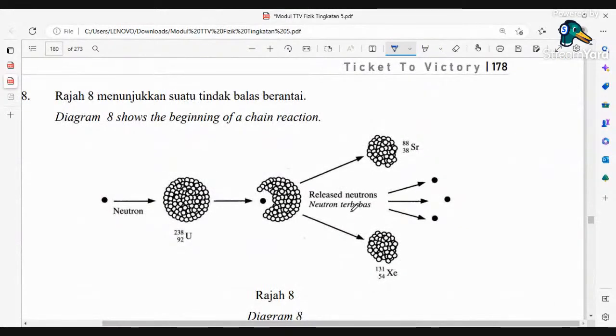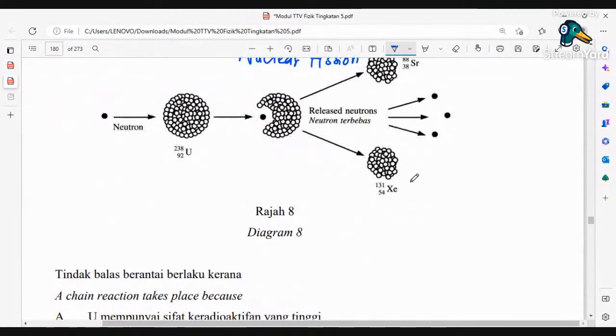Number 8, diagram 8 shows the beginning of a chain reaction. You have a neutron bombarding uranium. It will cause the uranium to become unstable and split into two. So we call this a fission process, nuclear fission. From here is strontium and xenon.